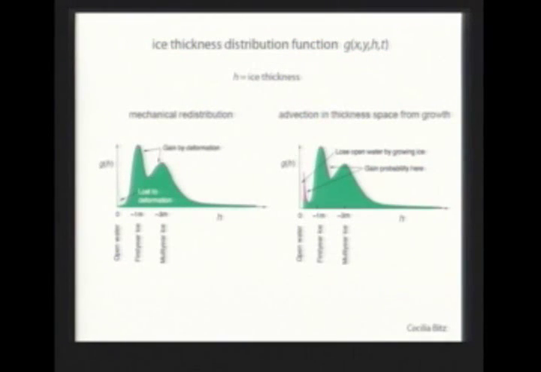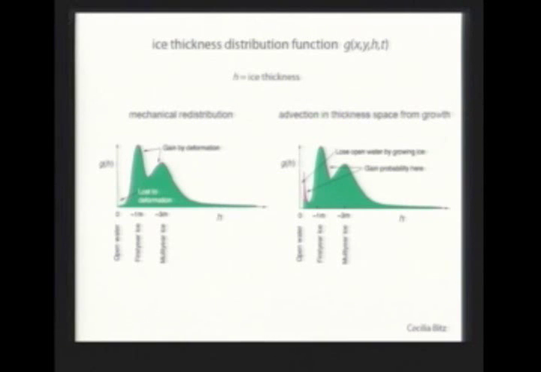Here's just a kind of a cool picture showing the ice thickness distribution function. G is a function in two-dimensional space, looking down from the surface of the ocean, and a probability density as a function of height and time, where H is the ice thickness.